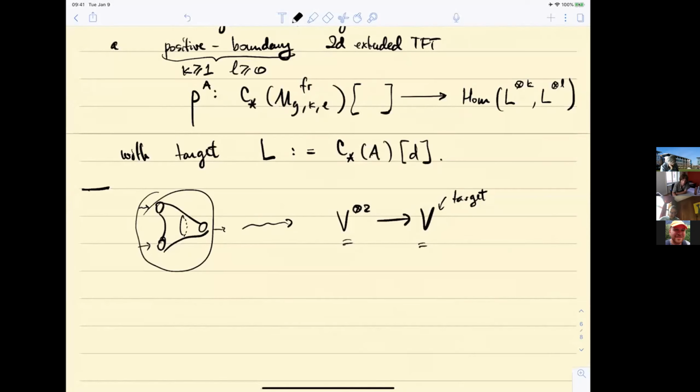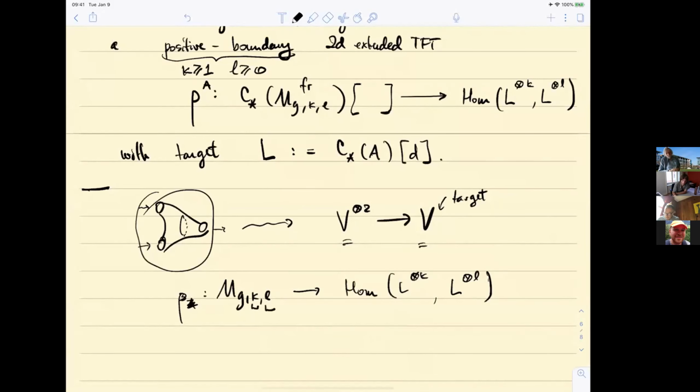That would mean that I would need to have something like M G K L. I would need to get a map rho A from M G K L to some homomorphisms, L tensor K, L tensor L. I should have explained that K and L refer to the number of inputs and outputs of my Riemann surface, if you want.